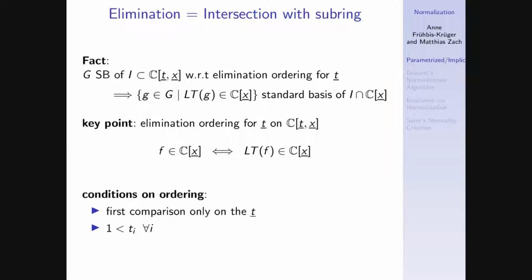That is, we need a global ordering in the variables t for the first comparison, completely ignoring the xi variables, and only after that we continue with the other variables.